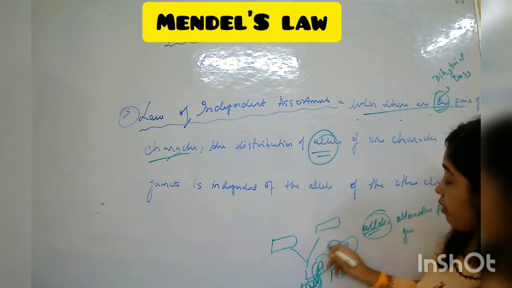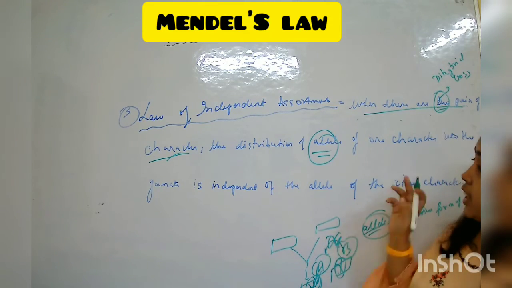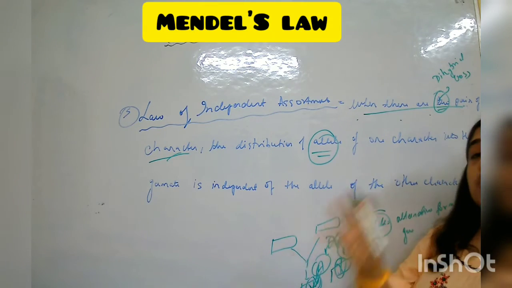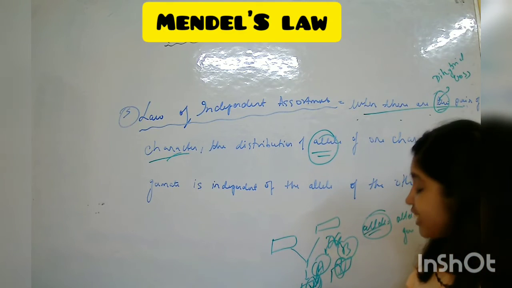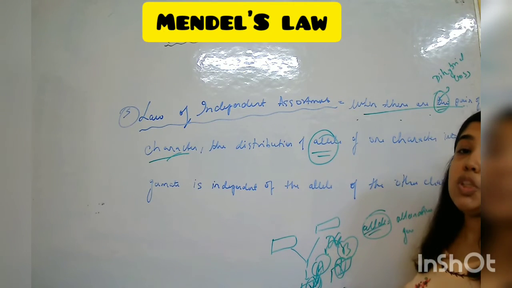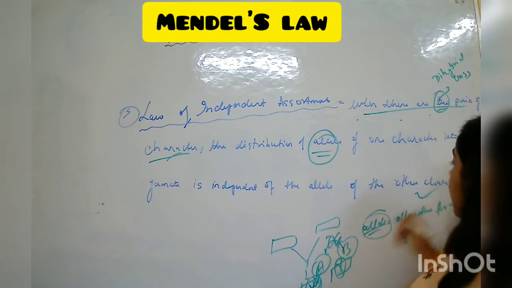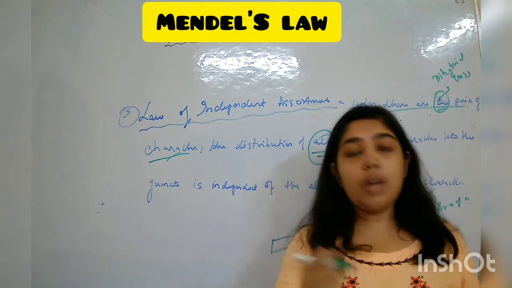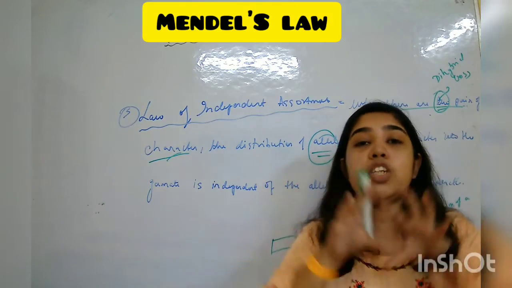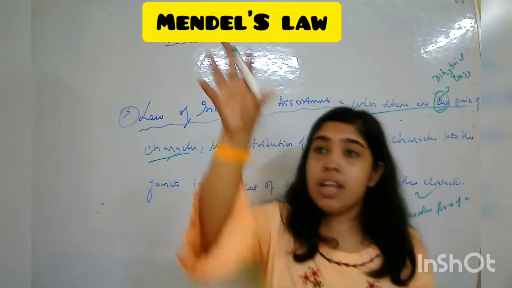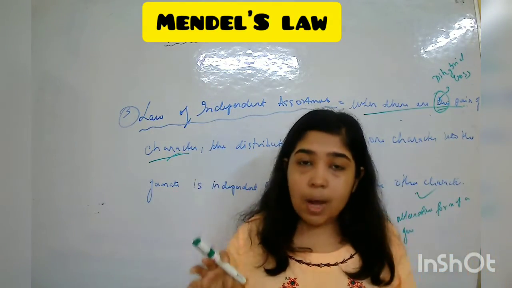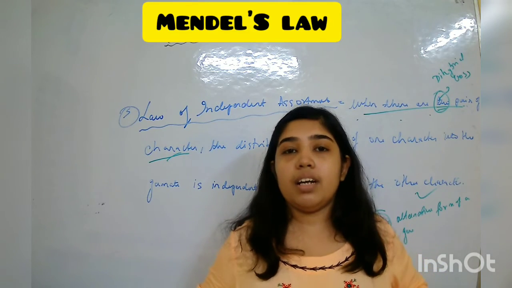Allele of B, whatever happens, A is not. The distribution of allele of one character is completely independent of the distribution of allele of another character. Because here we are dealing with two characters, you cannot mix them. So gametes of this one and this one are completely independently assorted.